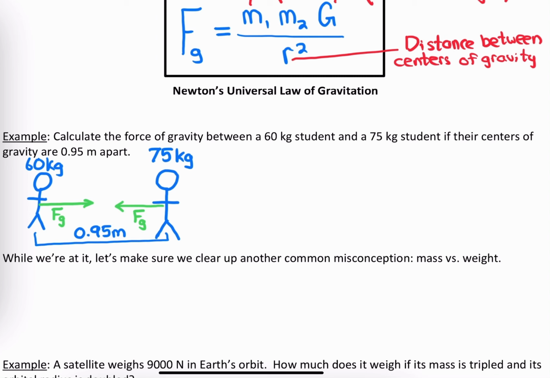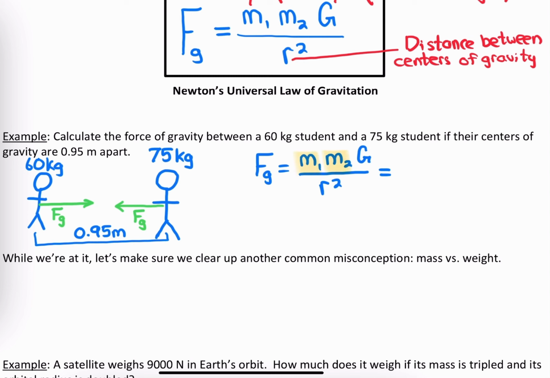All right, so let's figure out exactly how strong this Fg is. Okay, so our equation says it's going to be m1, m2, big G over r squared. Now, we got to figure out which mass is m1 and which mass is m2.